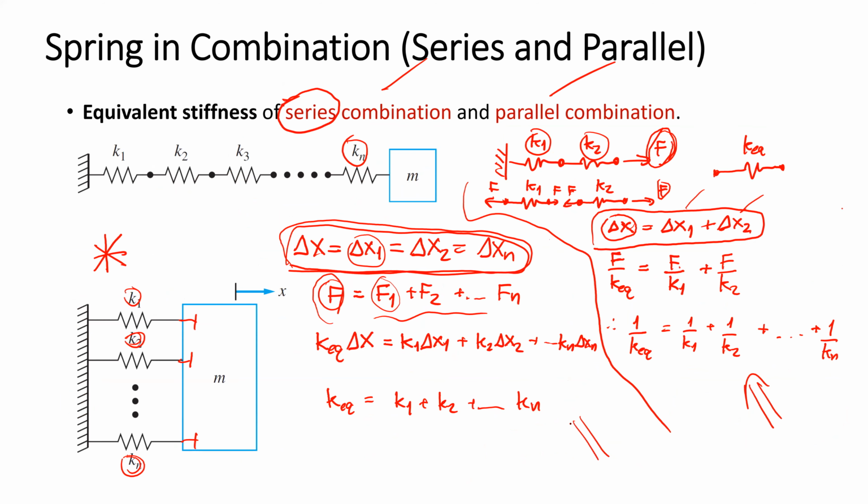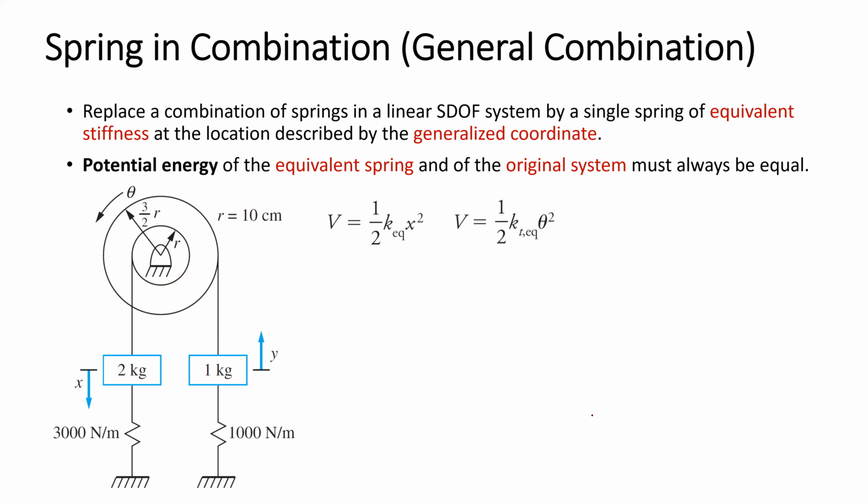But we also have some cases where it's not easy to check if the springs are connected in series or in parallel, and maybe we have a transmission between those two springs.